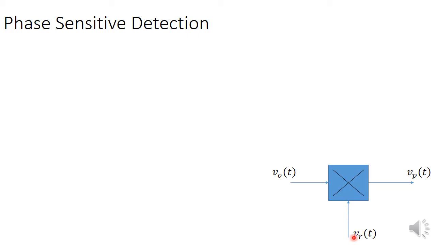This reference voltage has the same frequency as the signal that you input to your voltage divider or to your AC bridge. And you multiply this reference voltage with the output to get a signal called Vp. So what we'll do next is write some equations to think through what happens when you do this multiplication.